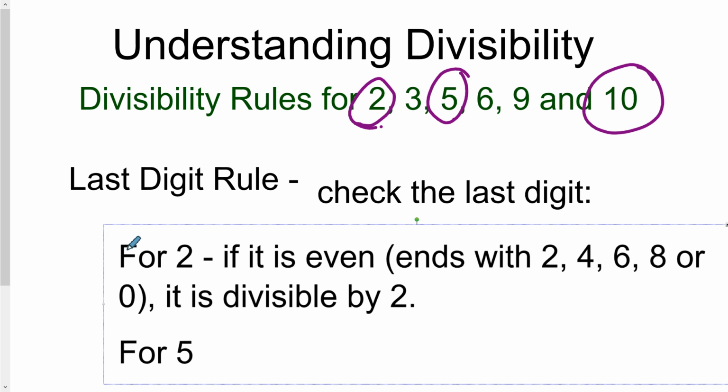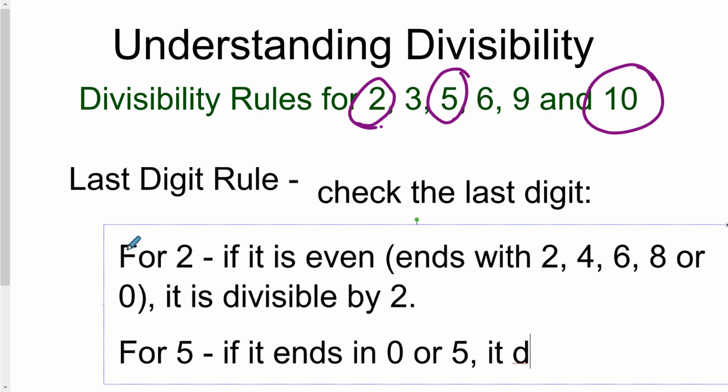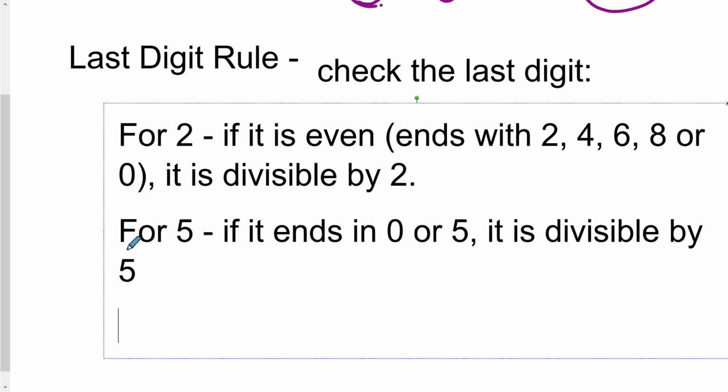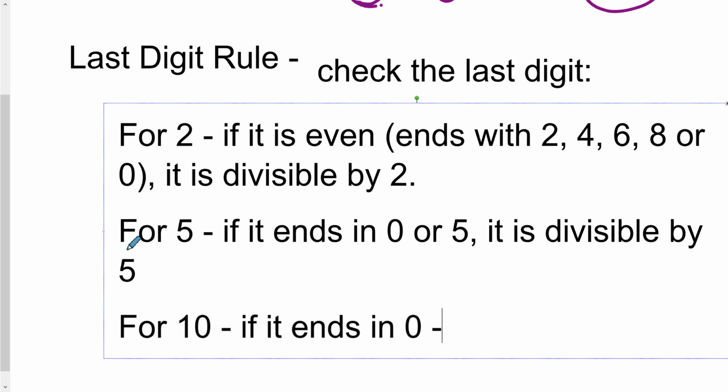For 5, if it ends in 0 or 5, it is divisible by 5. And for 10, if it ends in 0, it is divisible by 10.